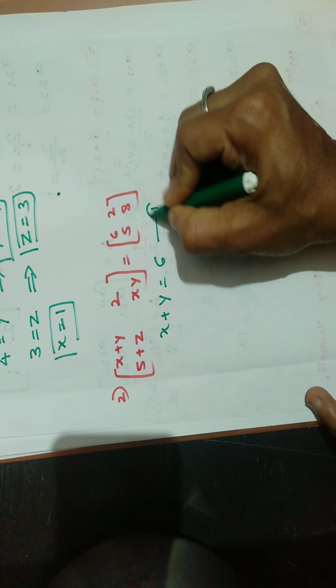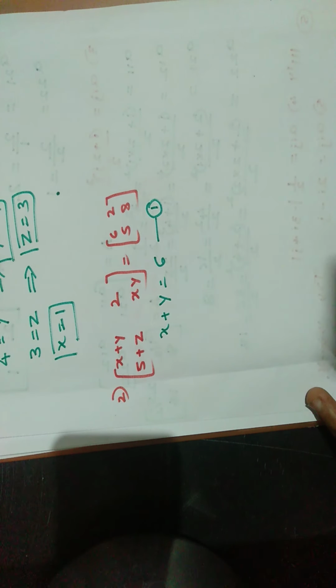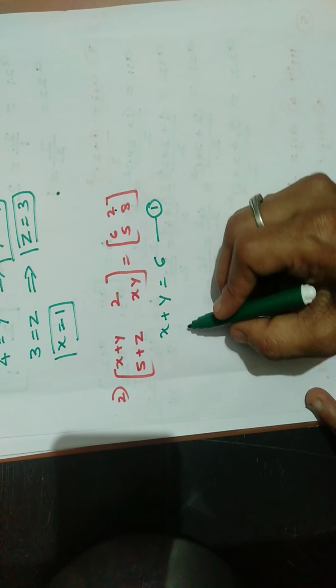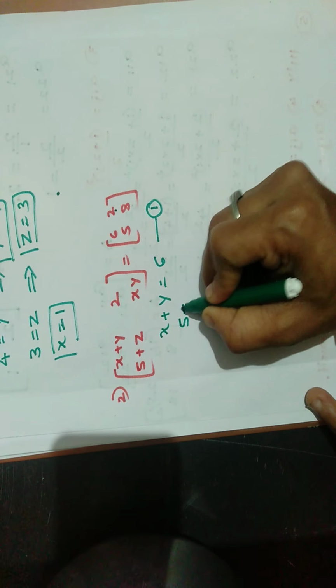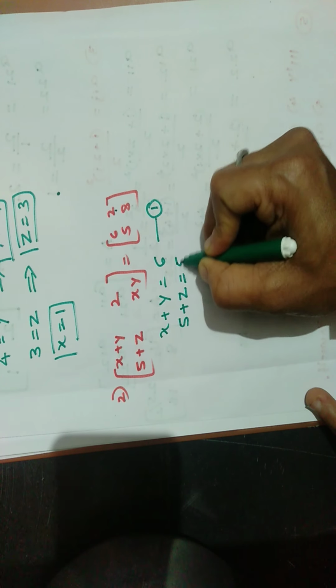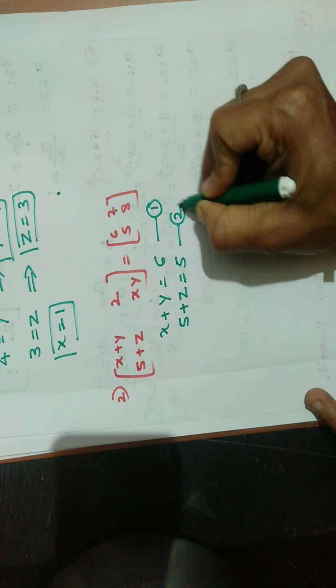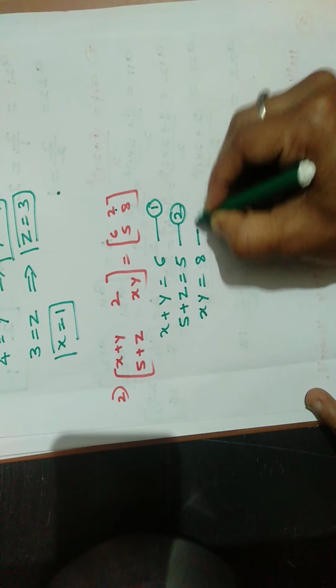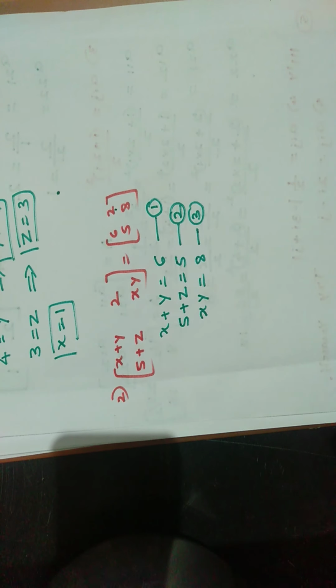This we call equation 1. Next, here 2 is there, here 2 is there, corresponding elements are equal. Second equation, 5 plus z is equal to 5. This is equation 2. And next, third equation, xy is equal to 8. This is the third equation.